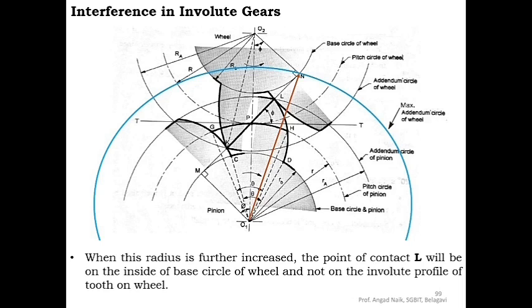When this radius is further increased, the point of contact L will be on the inside of the base circle of the wheel and not on the involute profile of the tooth of the wheel. So it will try to dig out material from the base circle or below the base circle of the wheel.